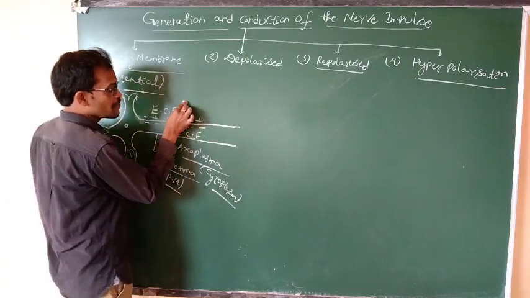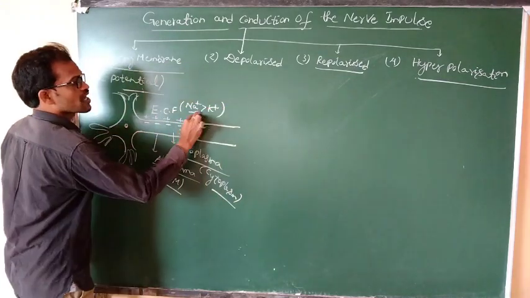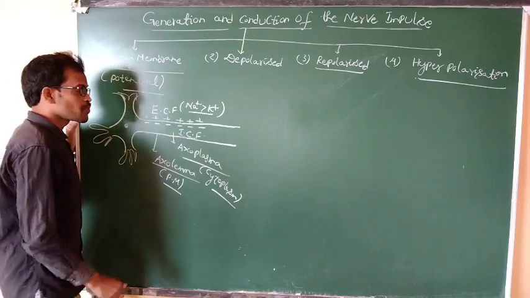In the extracellular fluid outside, the sodium ion concentration is always higher compared to potassium.